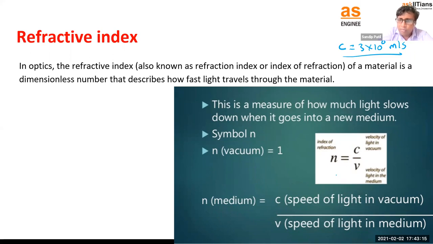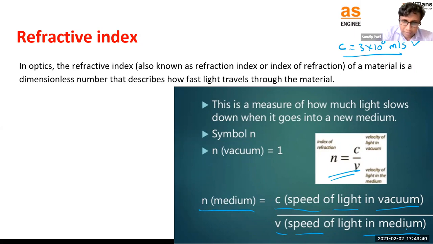So a very small formula is there. Here, n of medium, n is nothing but our refractive index. It is the speed of light in vacuum, whose value we know, divided by the speed of light in the second medium. It could be water, glass, we don't care about that. Whatever the medium is, that medium's refractive index we can calculate by this.